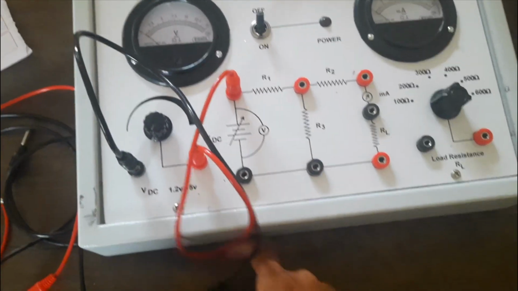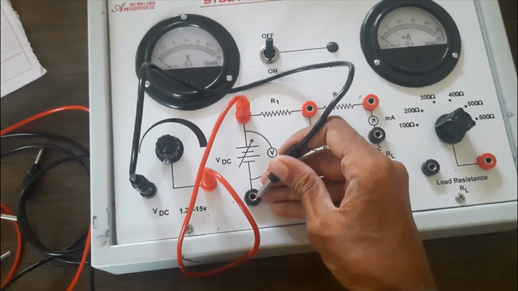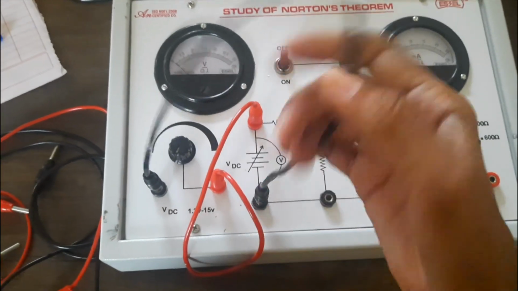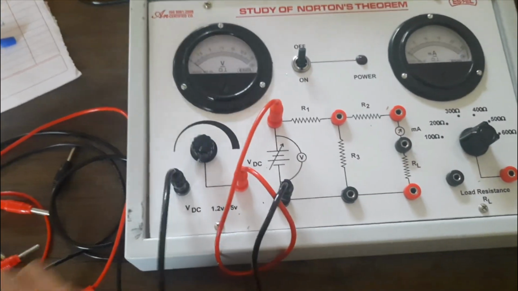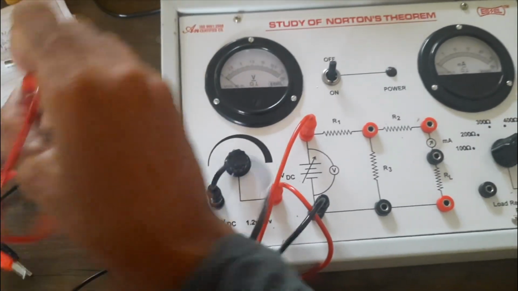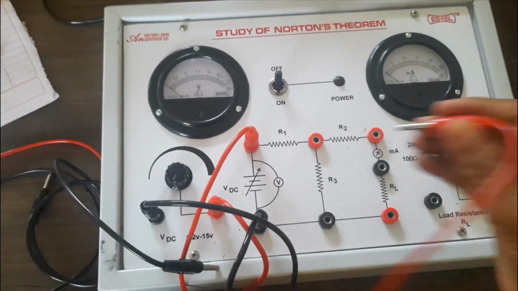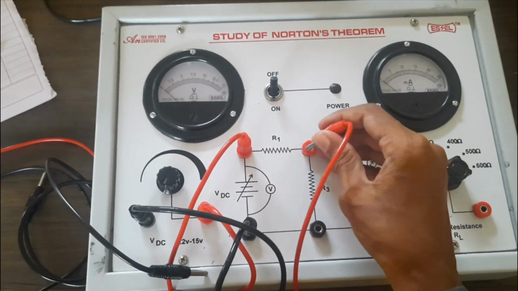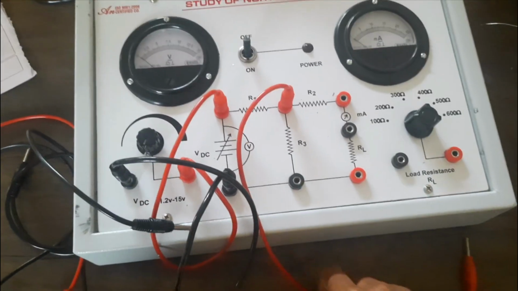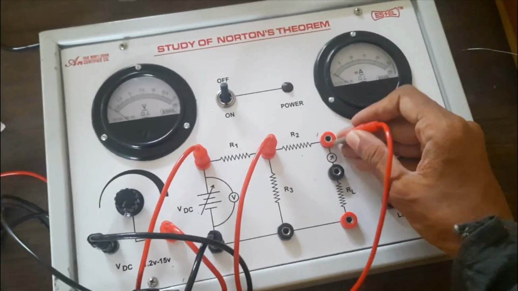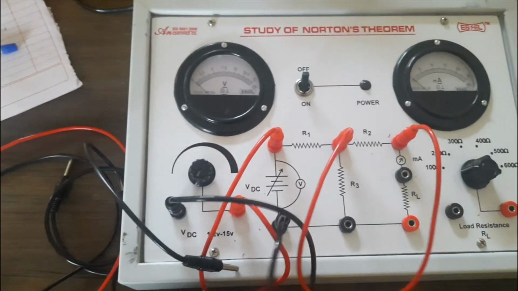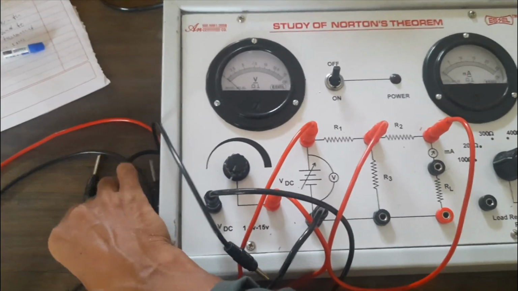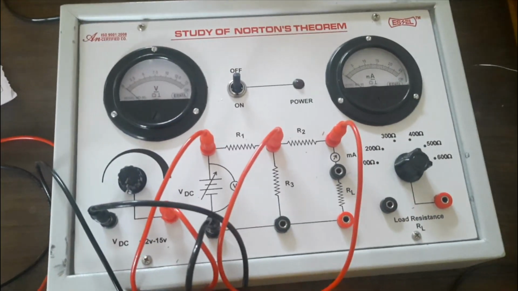This is the connection for the voltmeter. Next we have to connect the resistance network here. So here it is completed. Resistance R2 has been connected. Then we have to connect the load resistance.